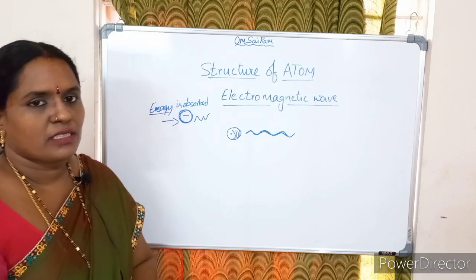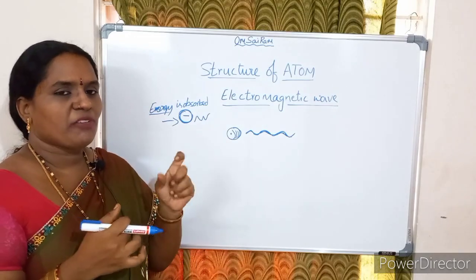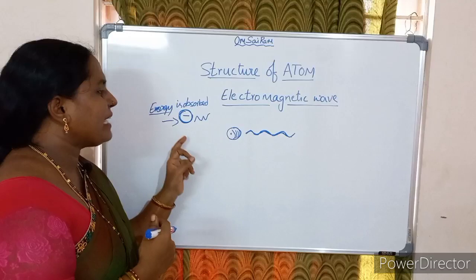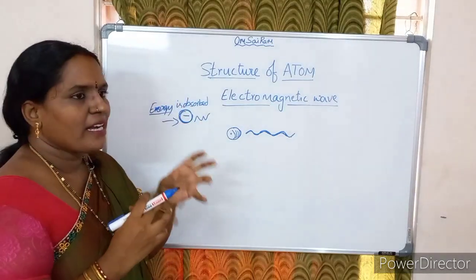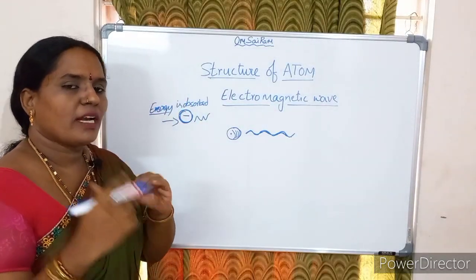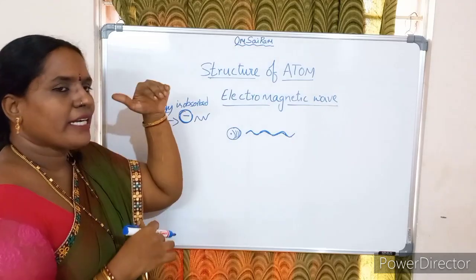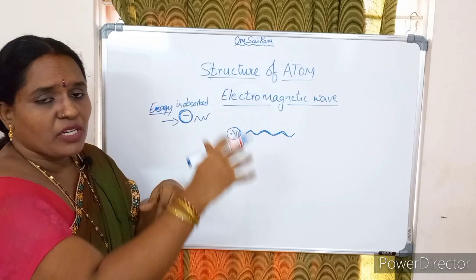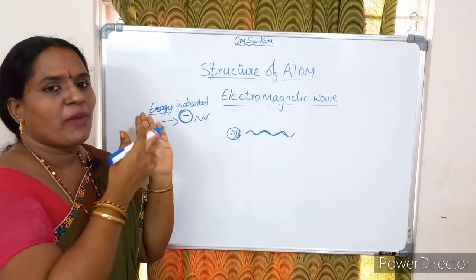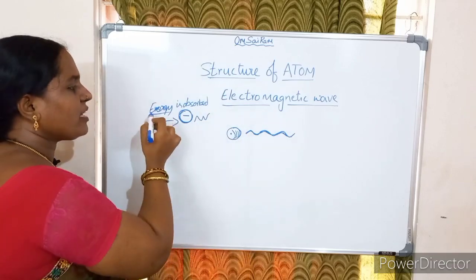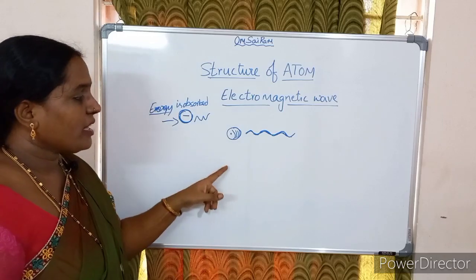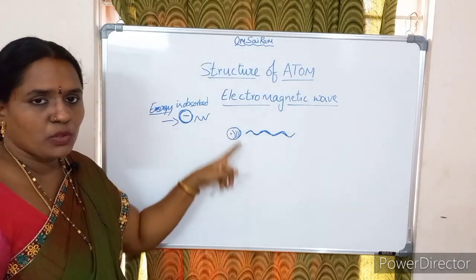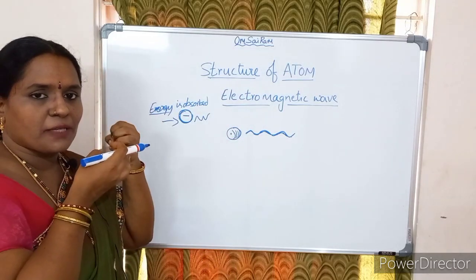To understand in a normal way, we can say that when energy is supplied, the electron gets excited and moves to a higher energy level. Later we can learn about the energy levels. It is not stable at the higher energy level. Again it will come back to the normal state by releasing that energy. We are giving energy in the form of heat to cupric chloride, and it absorbs the energy.